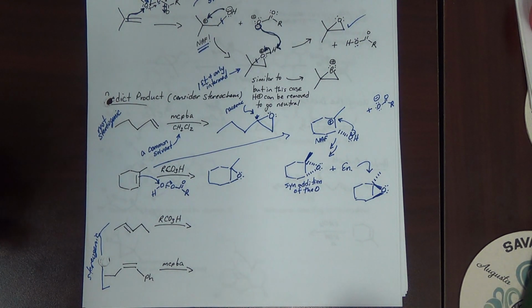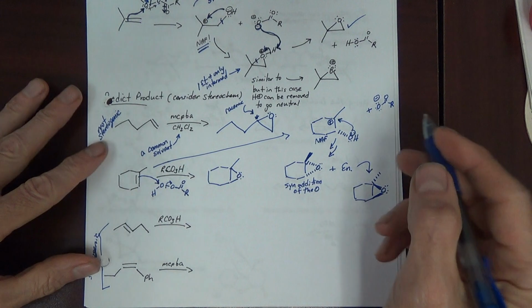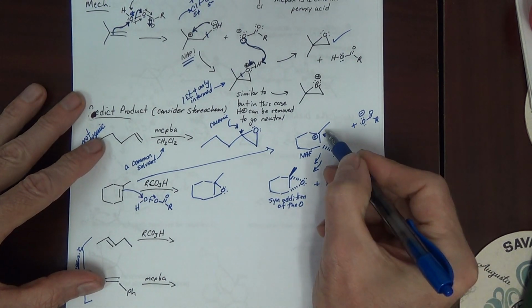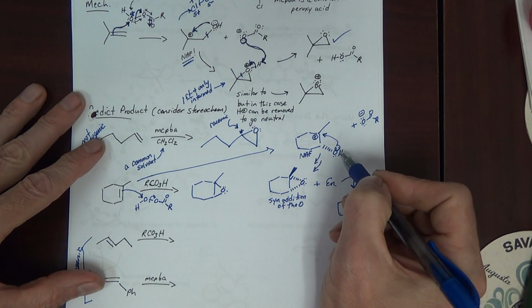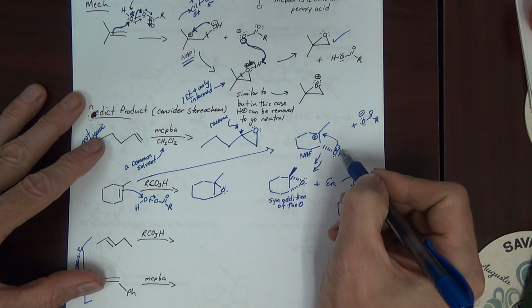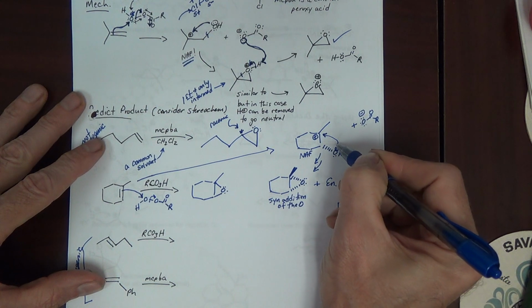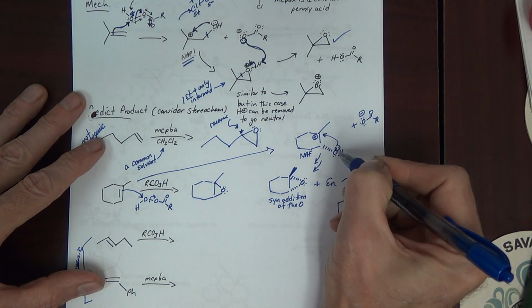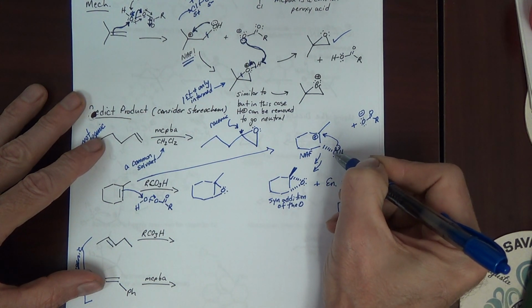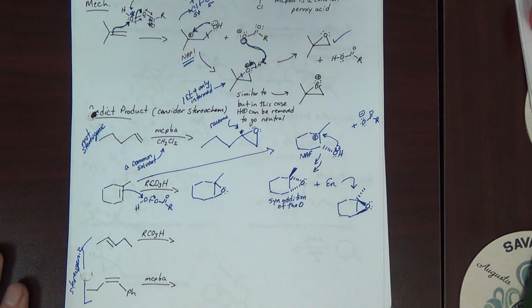That doesn't mean it's going to be trans, but sometimes cis just may not be applicable. But the mechanism is always a syn addition of the oxygen, because when it back bonds, anytime you back bond, it's going to be syn, because the projection of the new bond is based on the projection of the existing bond here.